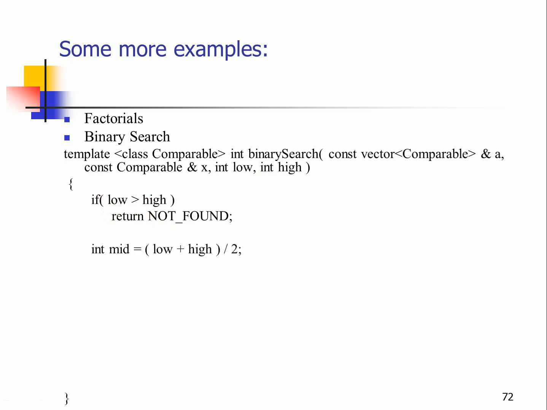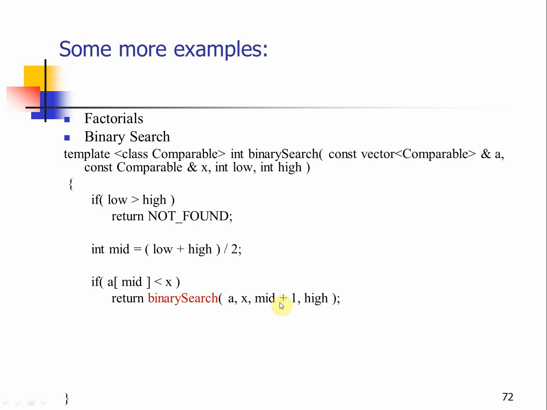If that's not the case, then we find the middle value, low plus high divided by 2, and if the value stored at that index is less than the X value, then we need to search on the right side, and therefore we will call, this is the interesting part, the binary search function recursively, passing the same vector, the same value we are interested in. We change the low index to become middle plus 1.